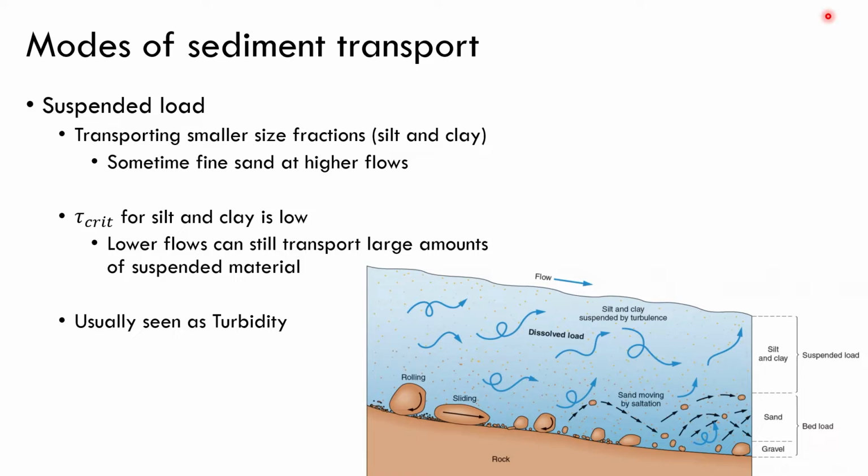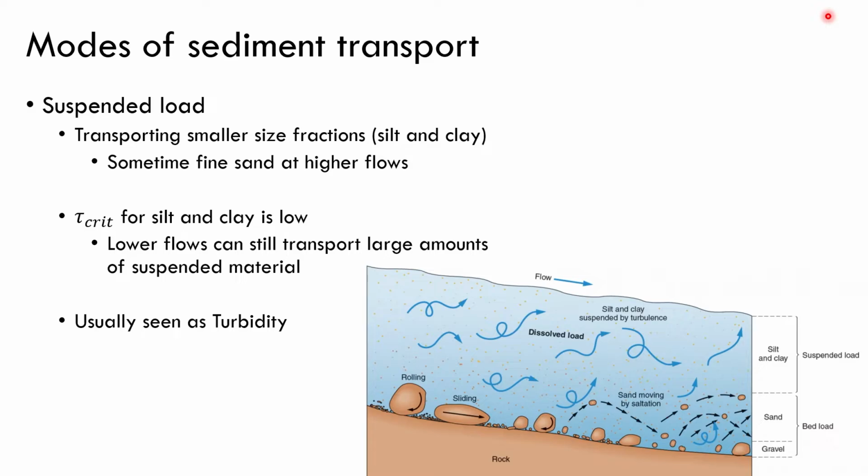If you look at the critical shear stress for silt and clay, it's actually quite low. And so lower flows can still transport large amounts of suspended material. The shear stress in a stream has to drop really, really low for things like silt and clay to drop out of suspension. Usually that means stopping flow altogether is when that stuff will really fall out of suspension.